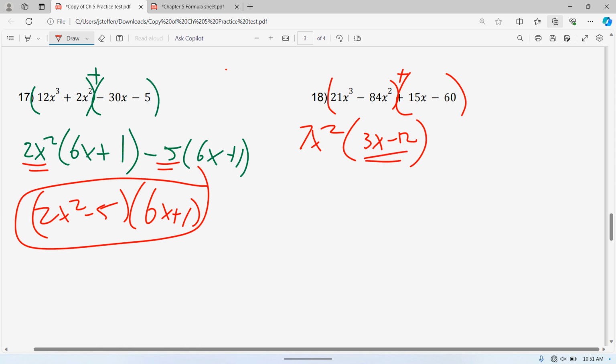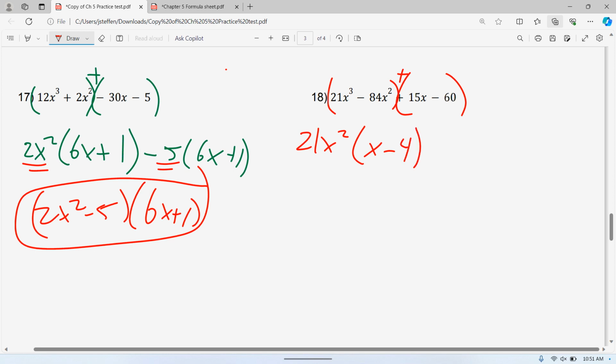Here's the thing, and if you continue to do this, you'd get most of your credit. You only miss half a point. But I notice I can still take a 3 out of there. So you can actually take out 21x squared, which leaves x minus 4.